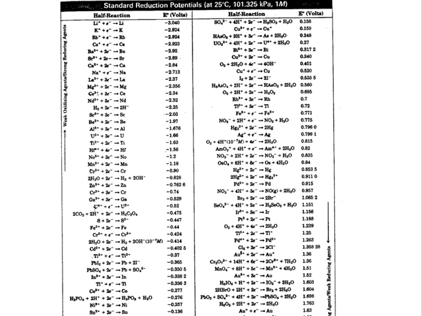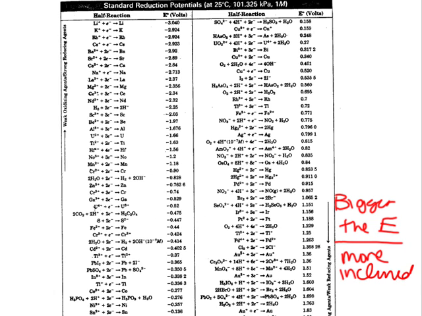But one thing that you know is that the bigger the E, the more inclined it is to be reduced. How do you remember that? Look at the name of the table. It's a reduction potential table. The higher the reduction potential, so these guys are going to want to be reduced more than those guys.